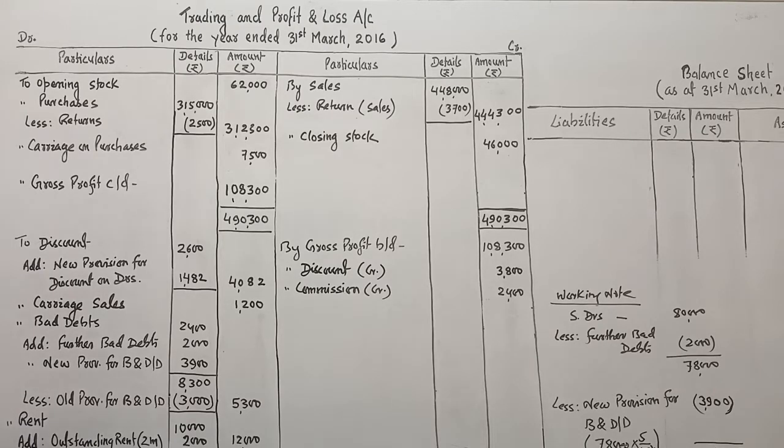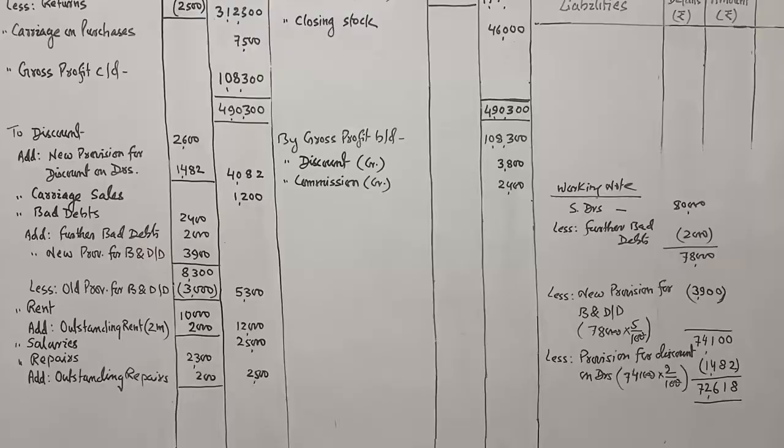Repairs is 2,300, and you add outstanding repairs of 200 from adjustment number 3. So total repairs is 2,500.